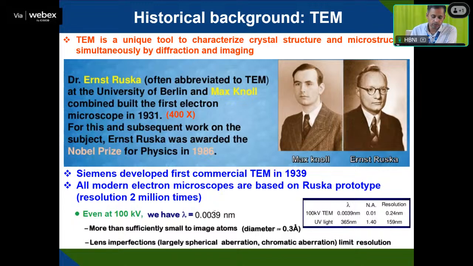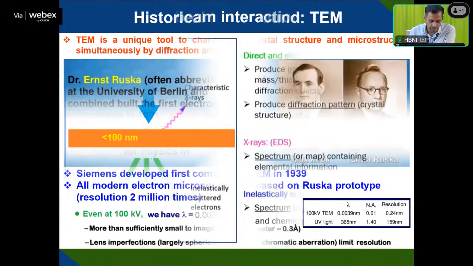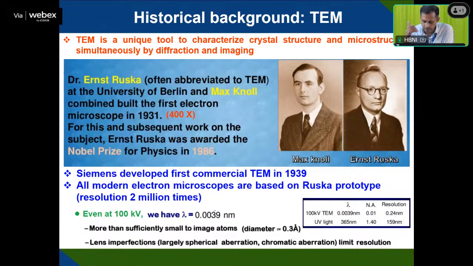The magnification has been enhanced from 400x to now 2 million times. Even at 100 kV, you have a wavelength of about 0.0039 nanometer that we utilize. The wavelength is so small that you get much more information, and a small atom diameter of about 0.3 angstrom can be resolved here.